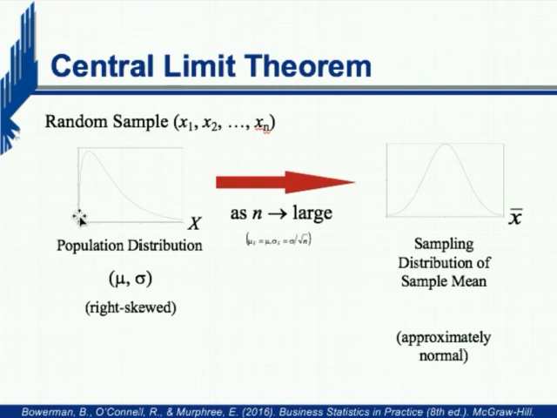In this example, we can see that the graph of the population is not normally distributed. This is bell-shaped, but this is skewed to the right. It's not symmetrical. So if your sample size is large enough, then the graph of the sampling distribution of the sample mean will still be relatively normal or approximately normal. So it's still bell-shaped and it's still symmetrical.